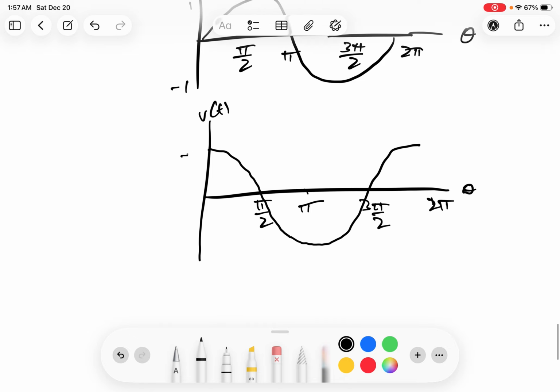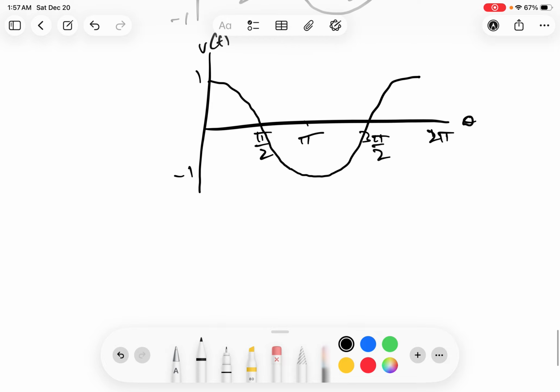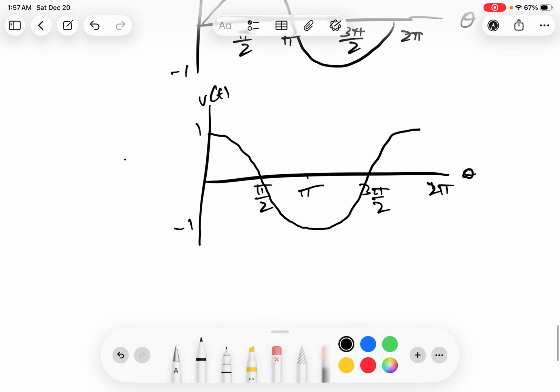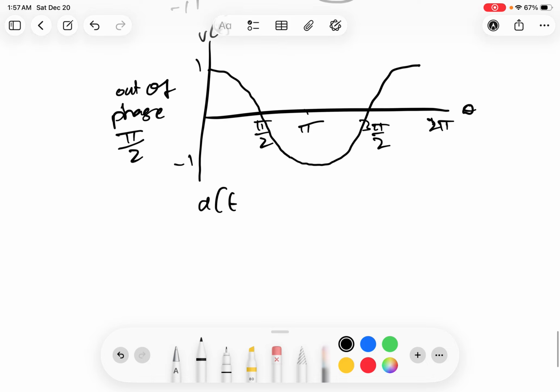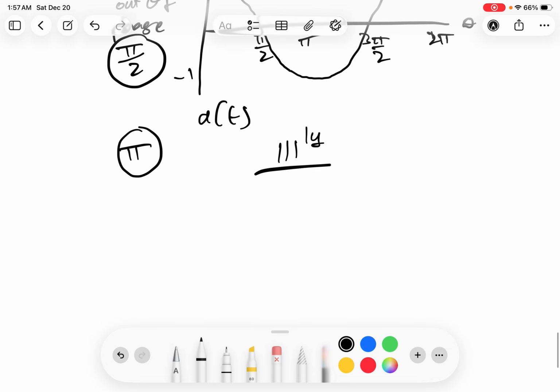So yeah, 1, minus 1. Similarly, acceleration is out of phase by pi by 2 relative to velocity, so it would be out of phase by pi relative to position.